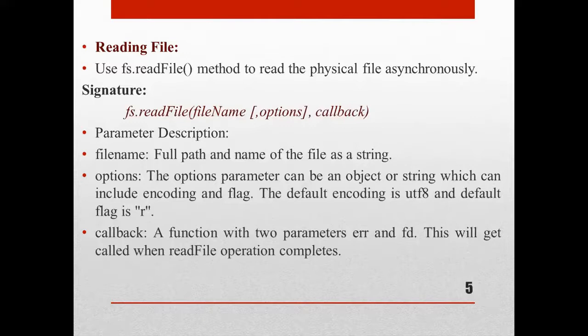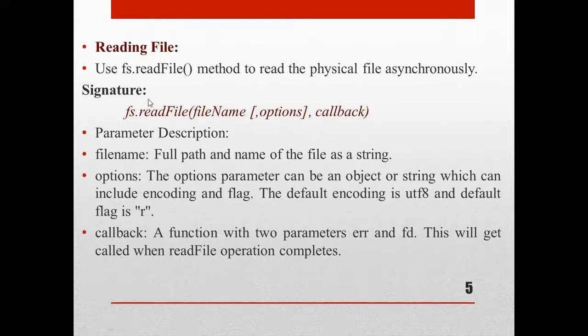First one is reading a file. For that we can use the fs.readFile method. Here you can see the syntax of how we can use this fs module for reading a file. Use the fs.readFile method to read the physical file asynchronously.